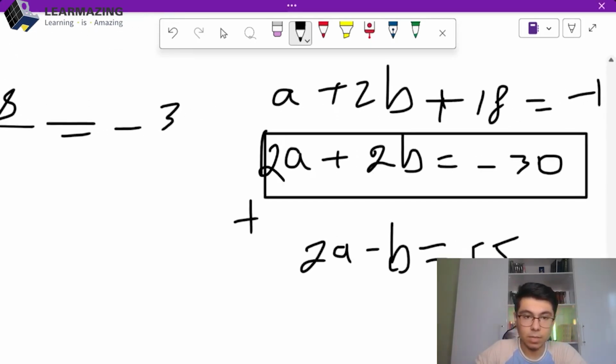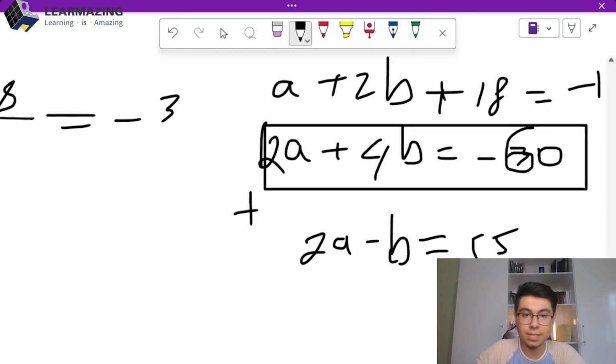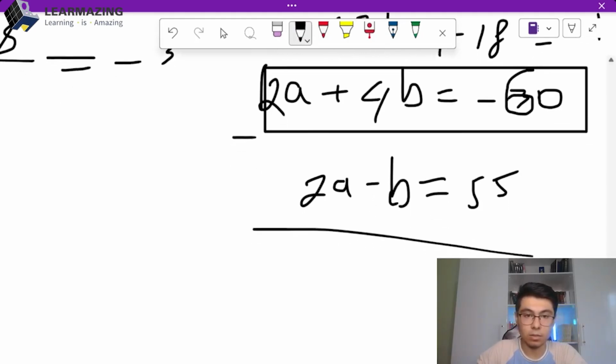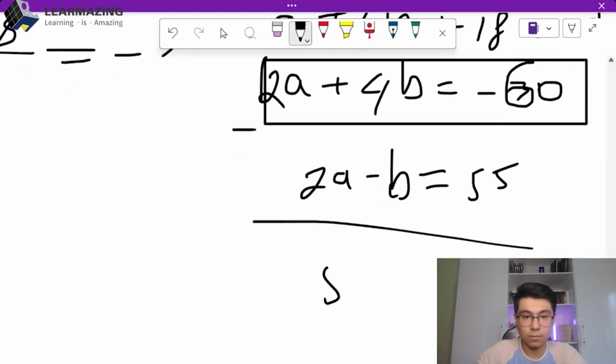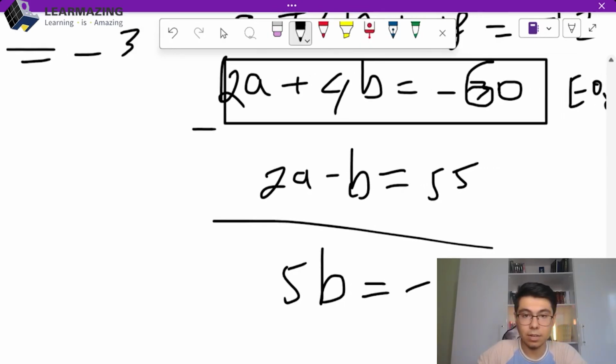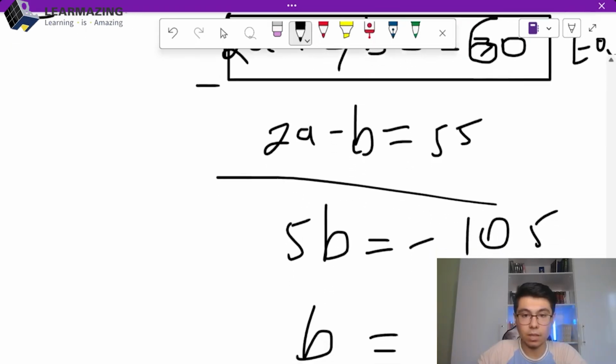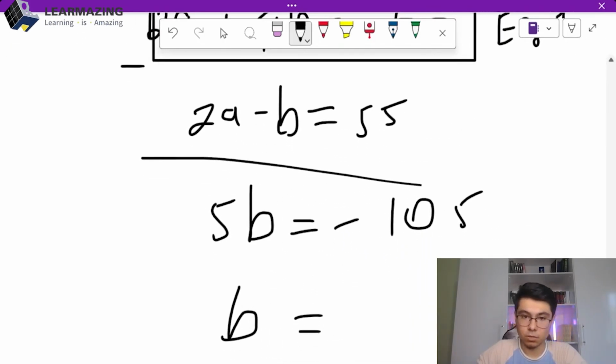So if we multiply it by 2, we will have 4 here, and here we will have negative 60, and it's better to subtract it. So let's do that. So 5B equals negative 105, so B equals negative 21.